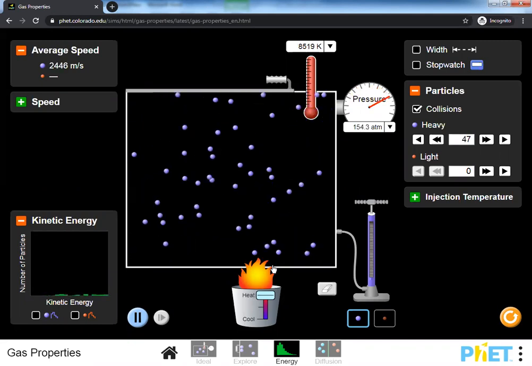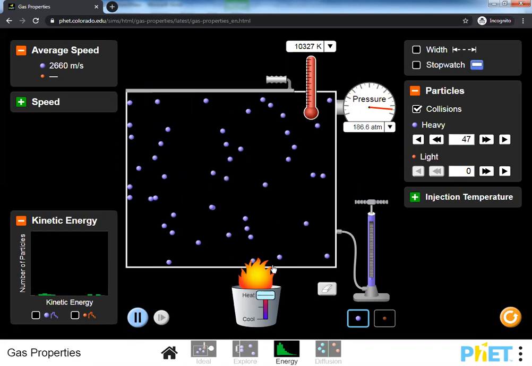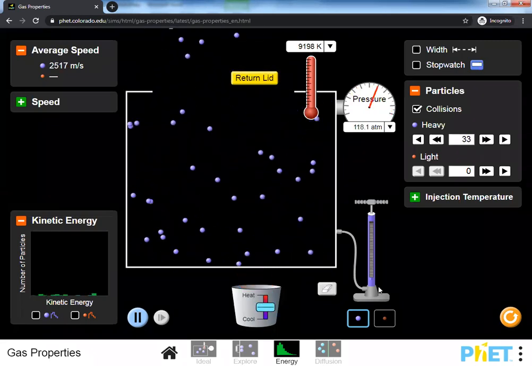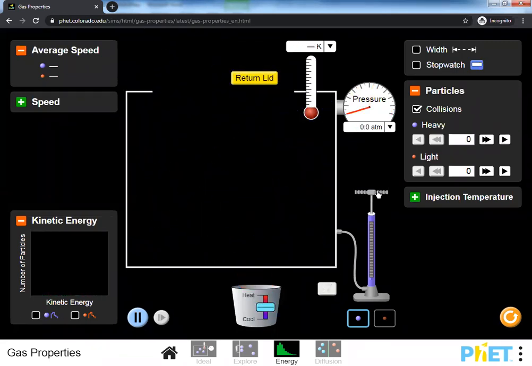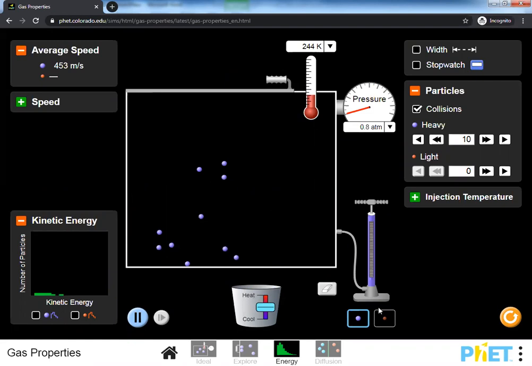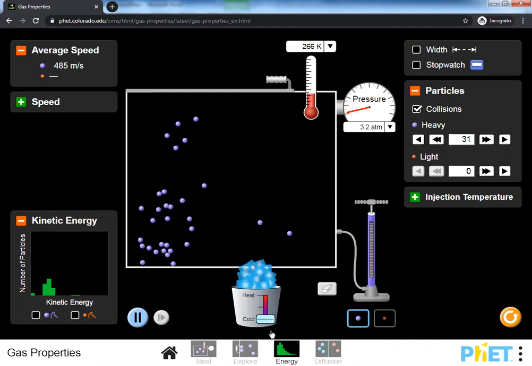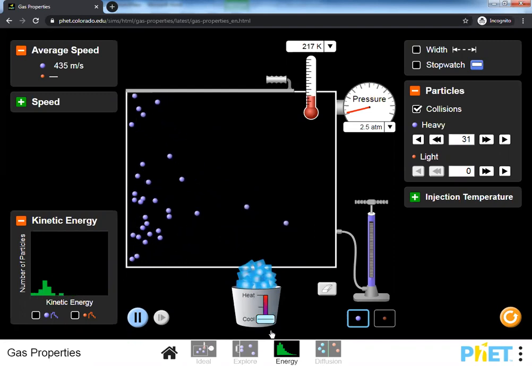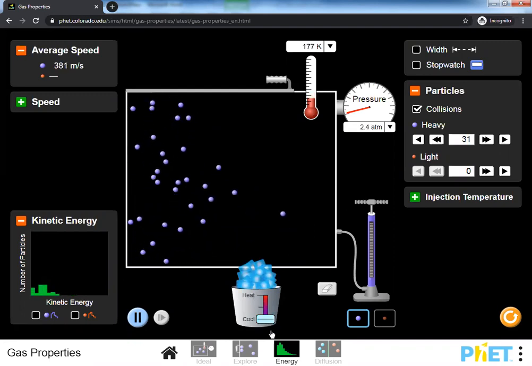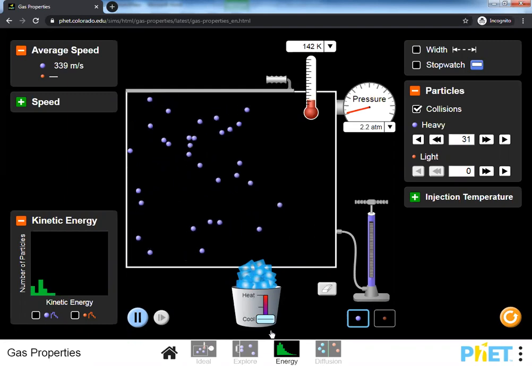But the moment you cool this, so look at it. Oh, the pressure is too high. The moment you cool this, and let's actually look, look how they move now. They start moving very, very slowly.